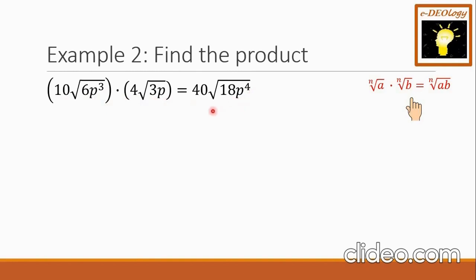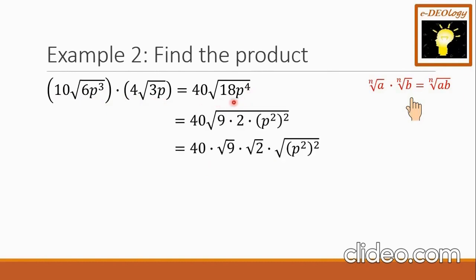So this is our answer. But I observe our radical here can still be simplified. So what we'll do, we're going to factor 18 into two numbers such that one must be a perfect square. So that is 9 times 2. The number 9 is the perfect square number. For the p raised to 4, we're going to show that this is p squared and again squared.